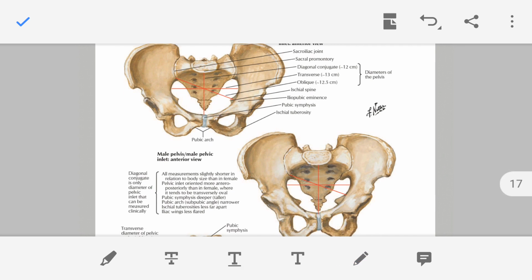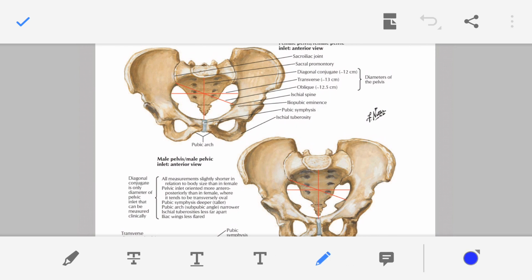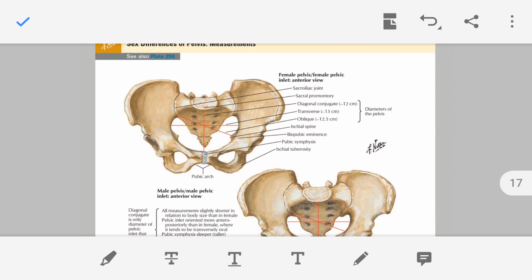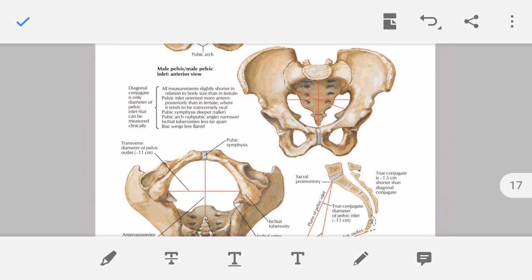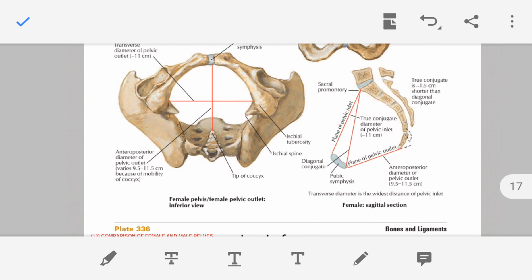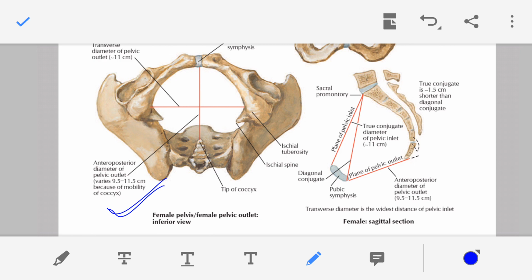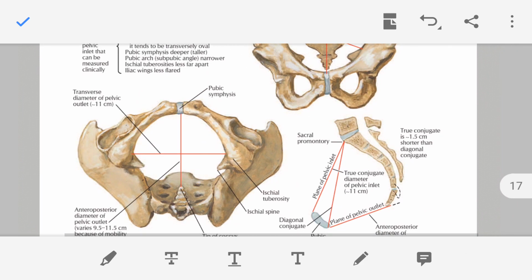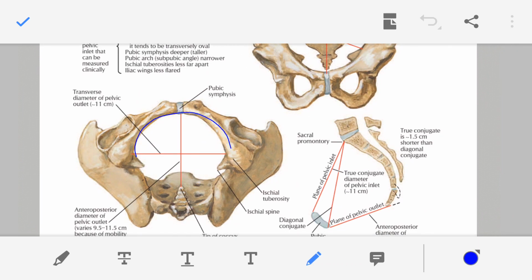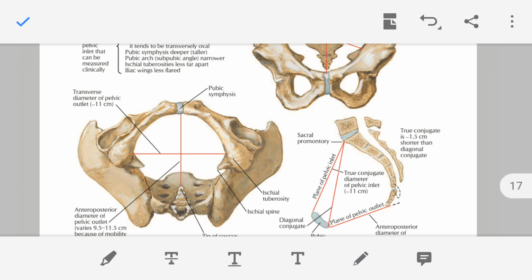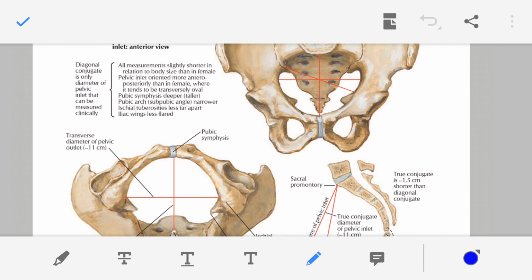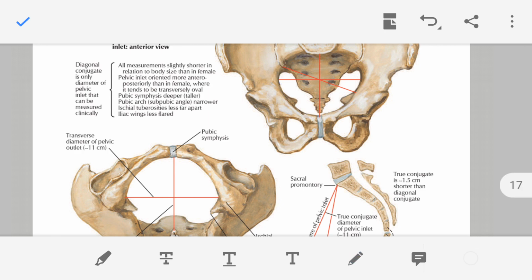We can see that the female pelvis is the wider one. And in this figure, female pelvis outlet, inferior view, we can see this is the wider, broader one, and this is the narrower one in men.